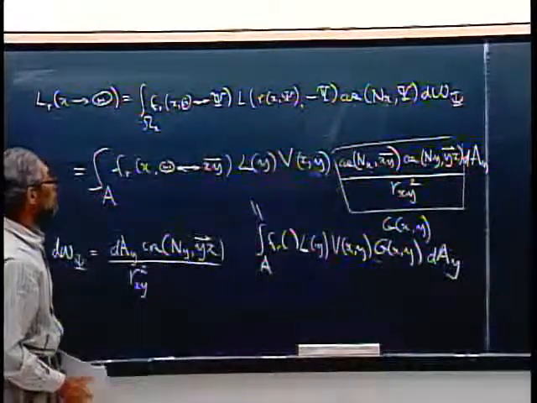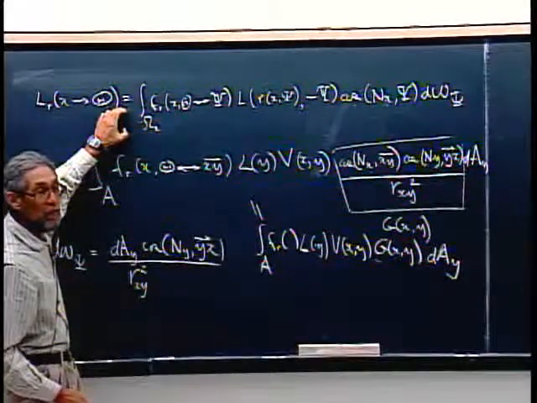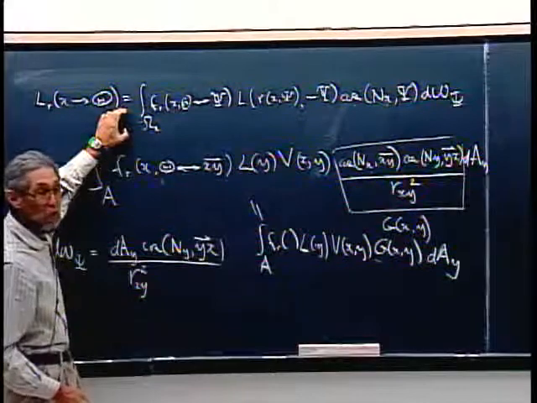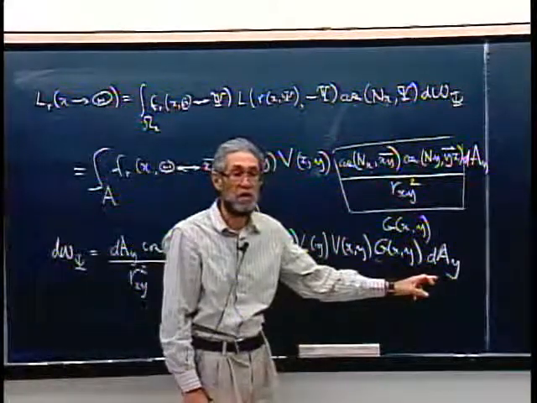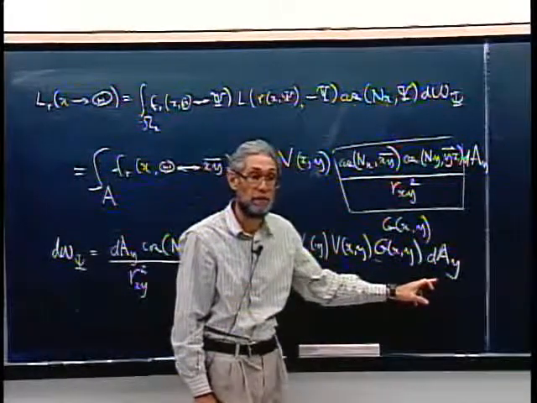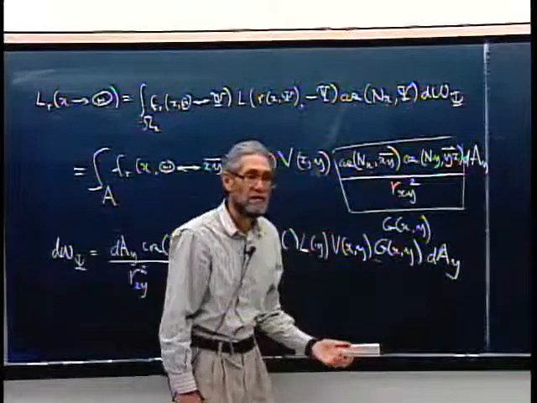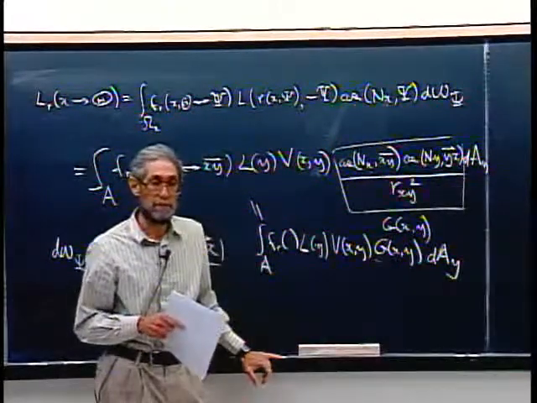So what we've done is we've changed an integral over solid angles at the point x to an integral over all surfaces in the scene of radiance leaving the surface. So that's another formulation of this reflected light.